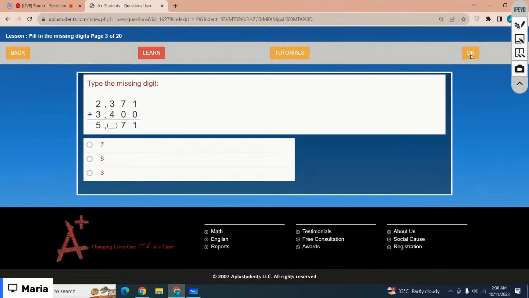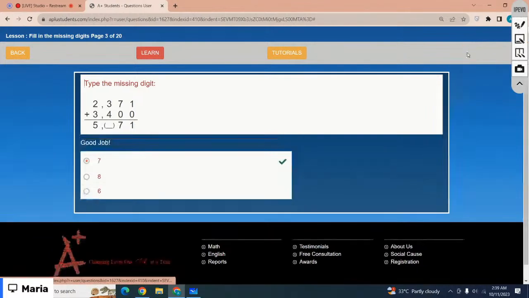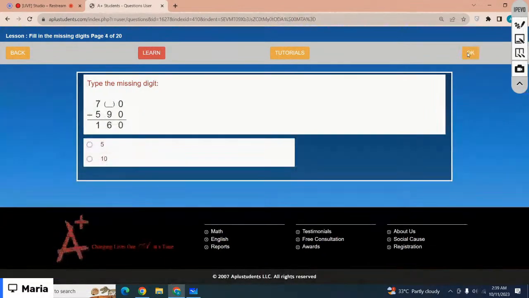Type the missing digit. Which is the correct option? Yes, very good. That would be again A, 3 plus 4 is 7. Okay, type the missing digit. Which is the correct option?